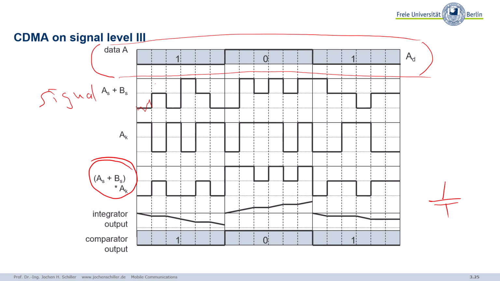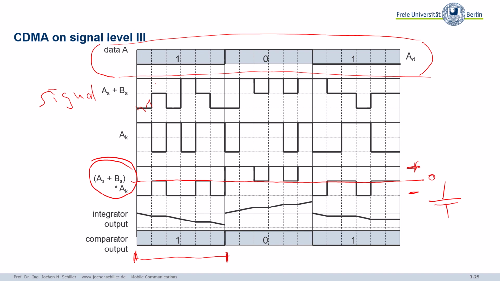Now think of my signal. Let's say if this is the zero line, this is negative and this is positive. Now let's say I have got an integrator that integrates over a time period of 1 bit.